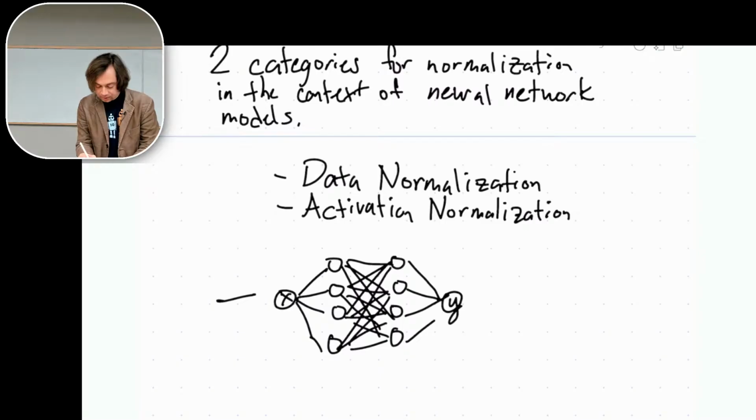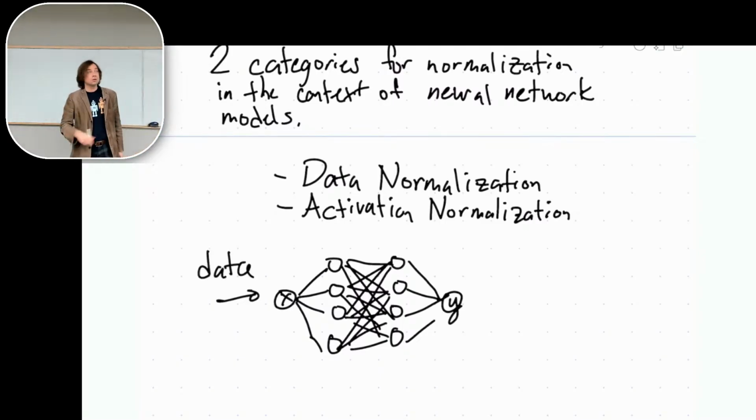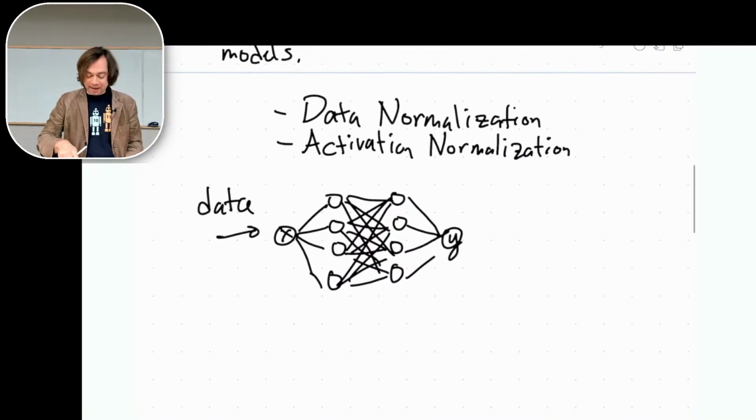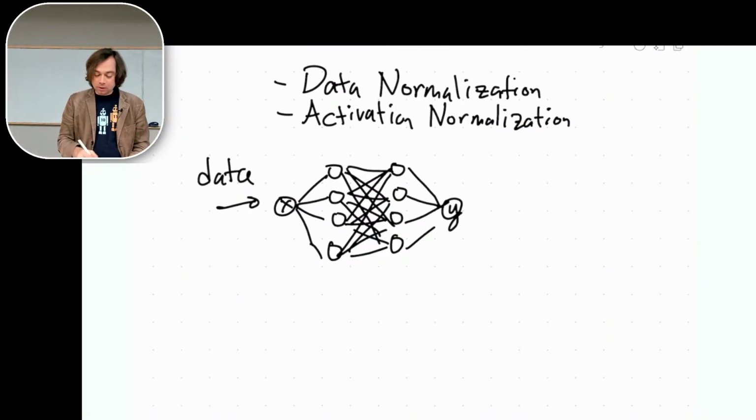There's your data that goes in. That's what you did for your homework. You scaled the data from the smallest value to the largest value. I think we actually did from 0 to the largest value because the smallest value was 0. Called min-max normalization. We'll write that down in a second. So data normalization is you normalize the data. Simple enough, right?